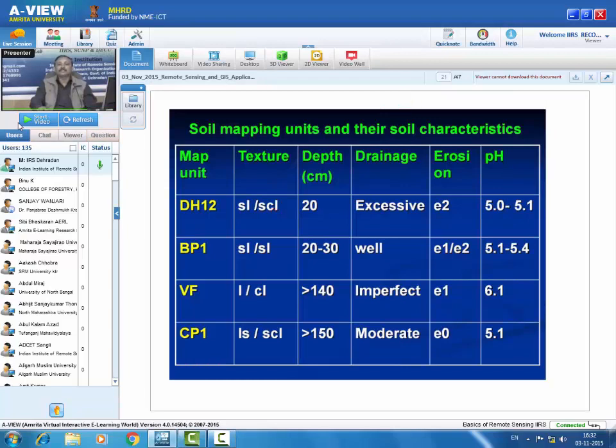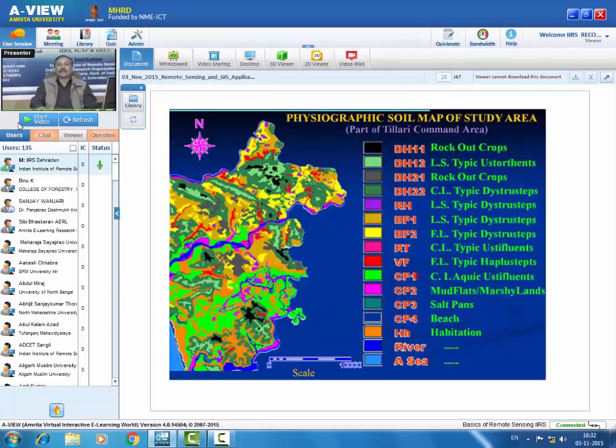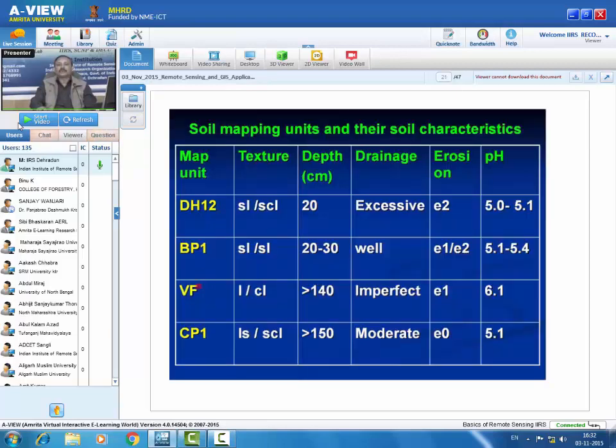In this map you see there is a valley fill, there are dendritic hills, like that you have designed, and for each unit you give the characteristics. For example, valley fills: I have seen the texture is loam, clay loam, soil depth was more than 40 centimeter, but drainage was imperfect, erosion was even, and pH taken from the soil is 6.1.